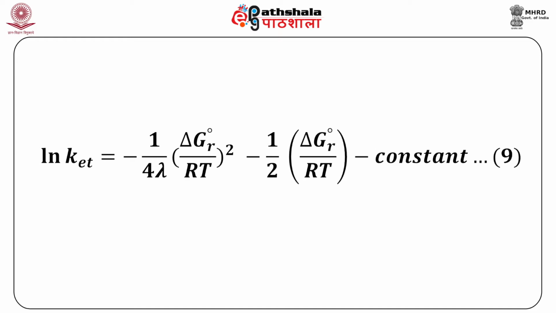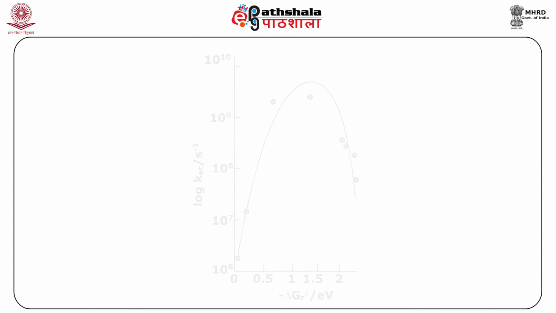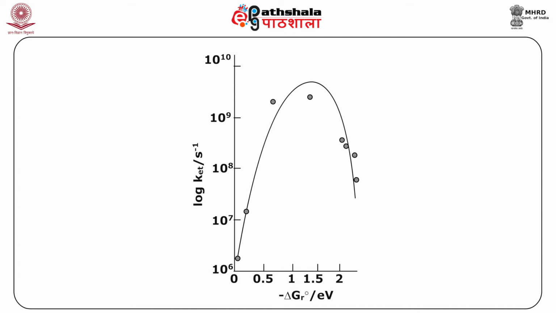From equation 9, it can be concluded that the rate constant for electron transfer increases as delta G R naught decreases, but only up to minus delta G R naught equals lambda, the reorganization energy. After reaching the maximum point on the curve, the rate constant reduces as the reaction becomes more exergonic, that is, as delta G R naught becomes more negative.